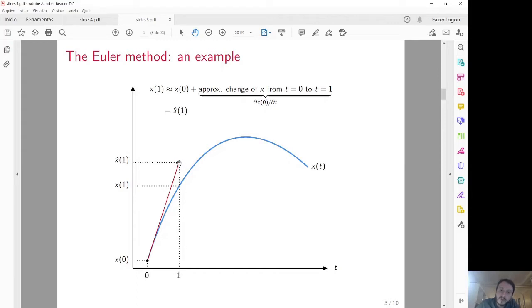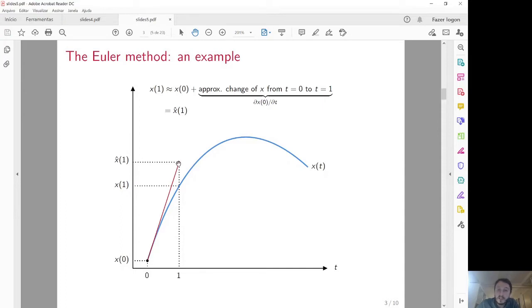And then when we get to time 1, we check the vertical axis, and the value on the vertical axis corresponding to the red line at time 1 would be this one here. So this is the value that the Euler method predicts for x at time 1. If x were a linear function of time, this approximation would be perfect, okay, right?